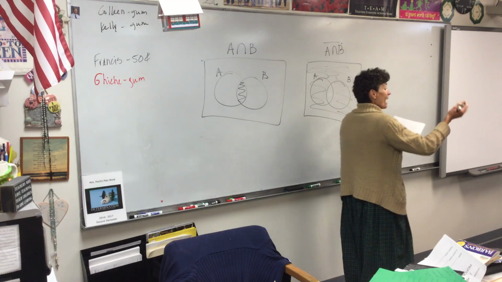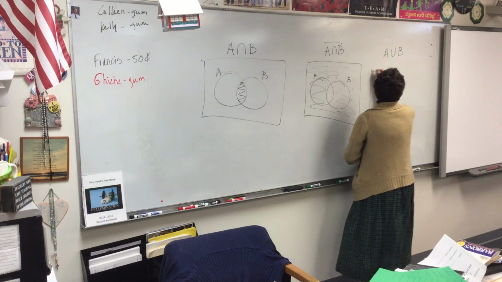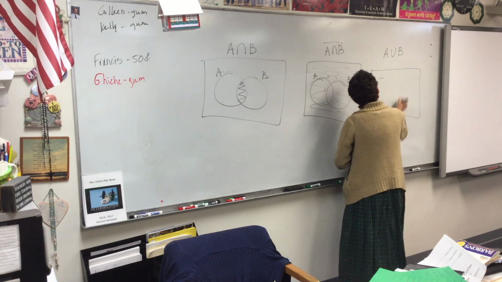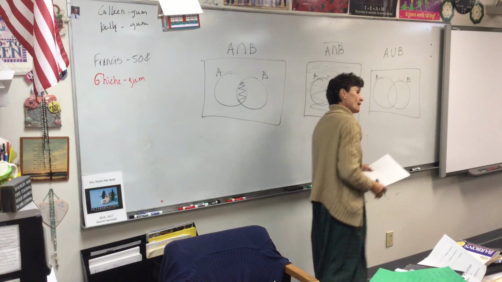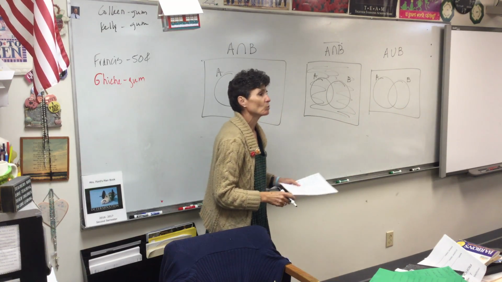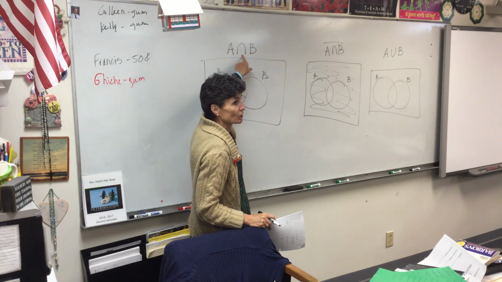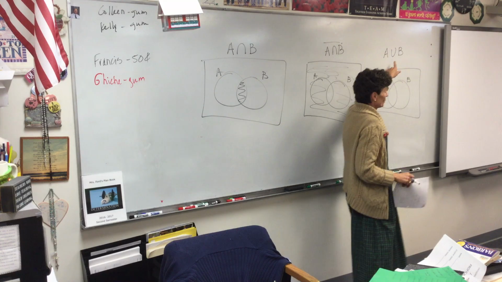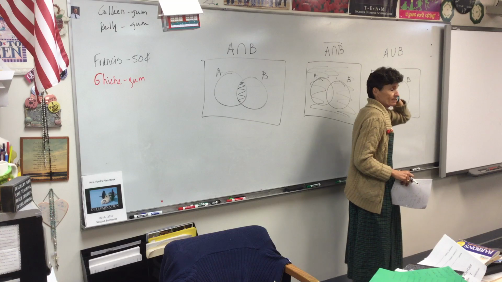Okay, so now we have this. Now, does everybody recognize now it's a right side up U? A right side up U from geometry. Anybody remember the word for that? This is the word for, or this is the symbol for intersection. What's the symbol for, or what's the word for the right side up U? Union. That's the union symbol.